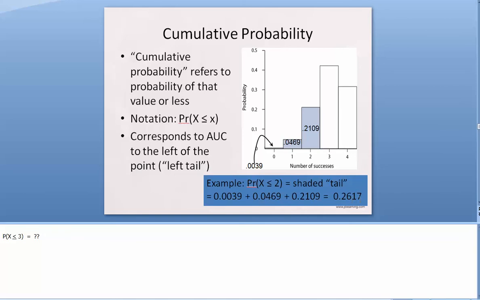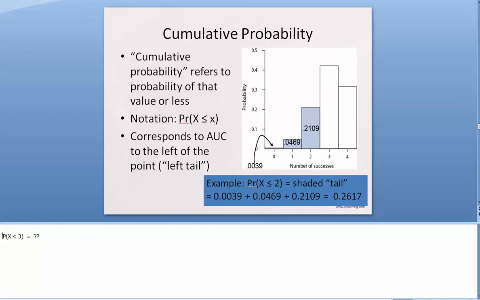To this 0.2617, you need to add this probability, which is about 0.4 something. In fact, you can get the exact value from a previous slide. When you add 0.2617 to this probability value, you get the cumulative probability for 3. Okay? All right. So the idea of cumulative probability will come up later.